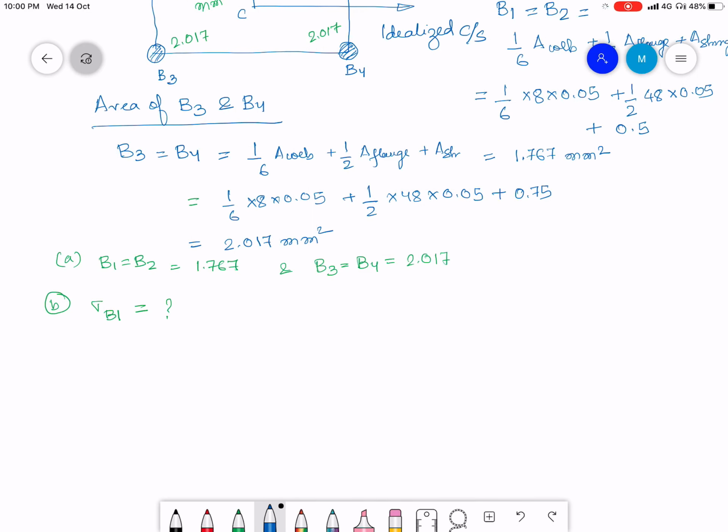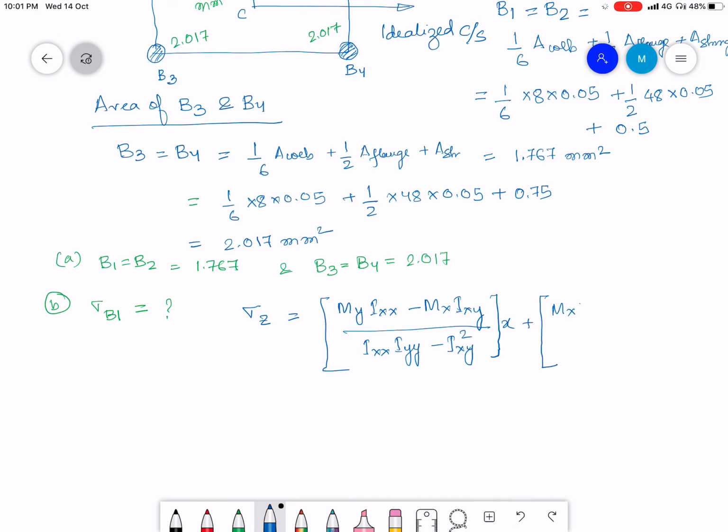In order to find that, first let me write down the expression for the direct stress sigma z. This is the sigma z.